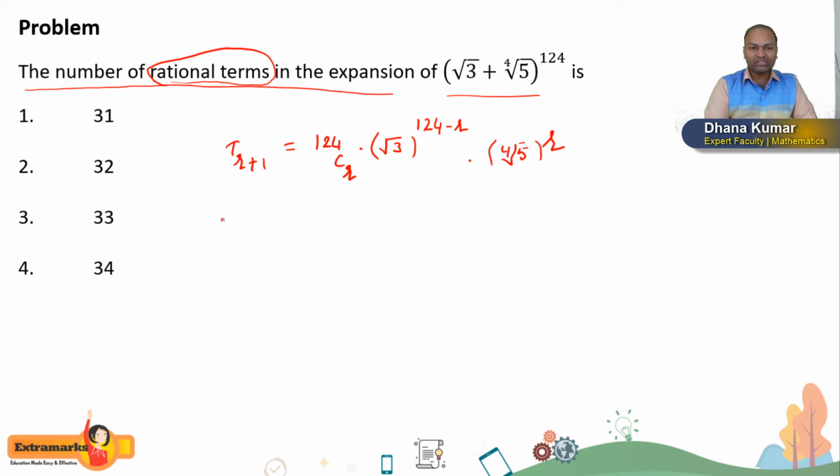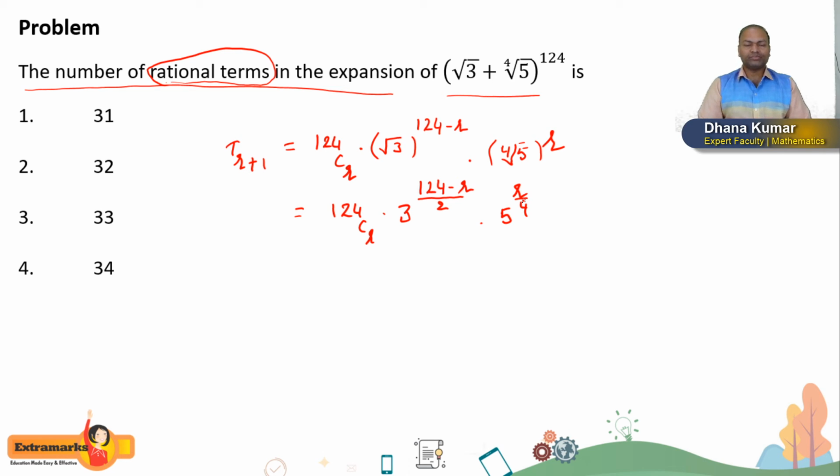Okay, so that is equal to, see the simplification, 124Cr into root 3, which means 3 power 1 by 2. So this can be written as 3 power (124 minus r) by 2 into 5 power r by 4.